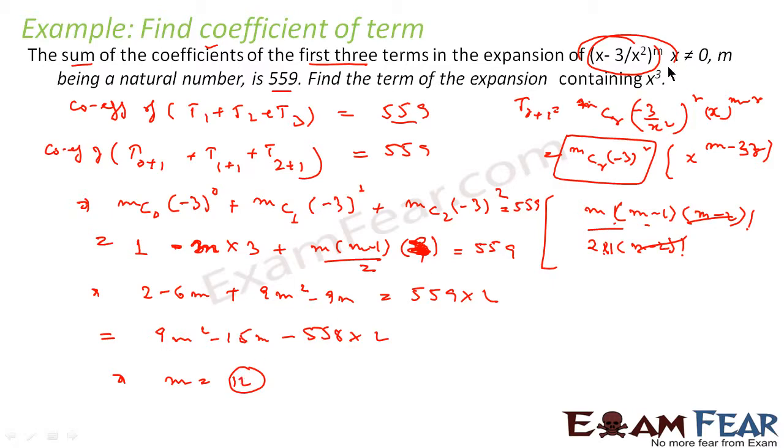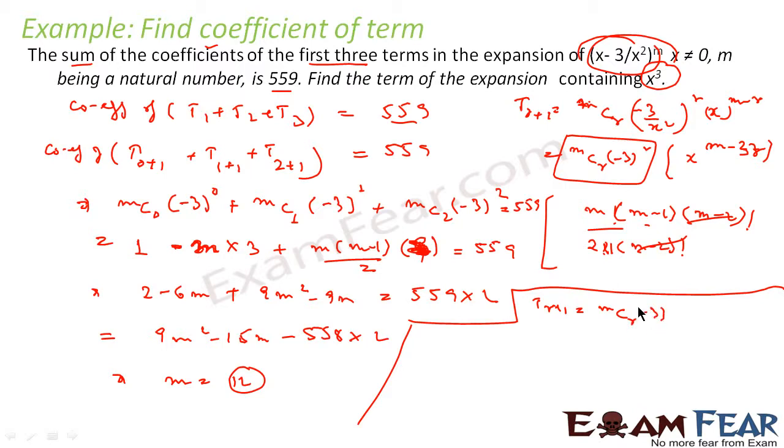Now we have to find the term containing x to the power 3. We will use this formula: T(r+1) is equal to mCr (minus 3) to the power r into x to the power m minus 3r.